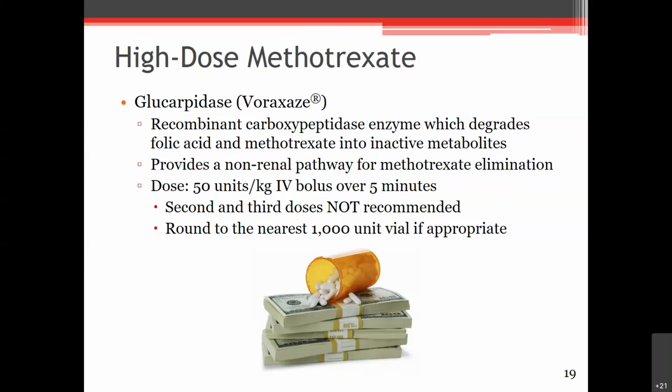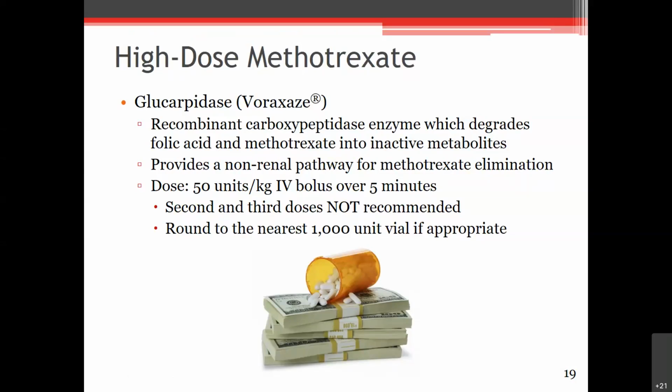Second and third doses of this medication are not recommended because they have not shown clinical benefit and may also increase risk of immunogenicity. If you do ever end up needing to order this drug, it is recommended that you round the dose to the nearest 1,000-unit vial if at all possible due to cost.